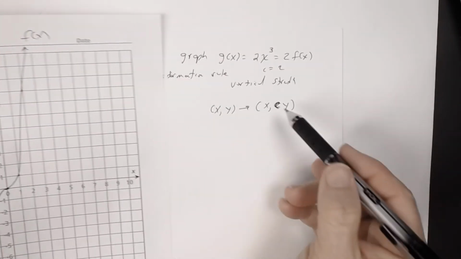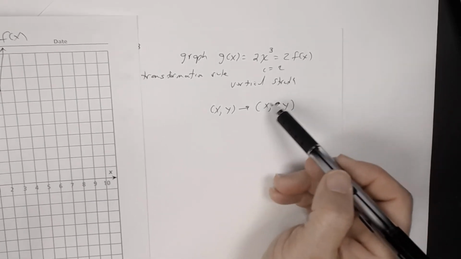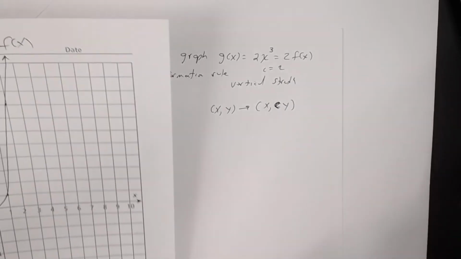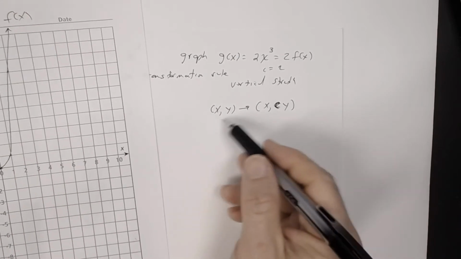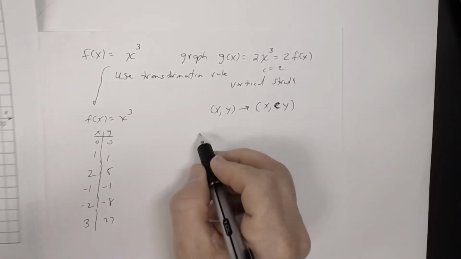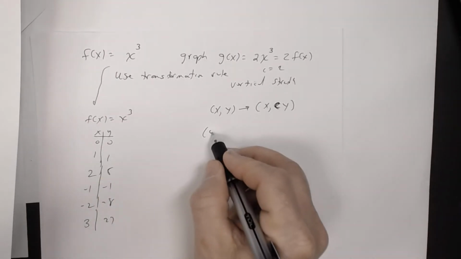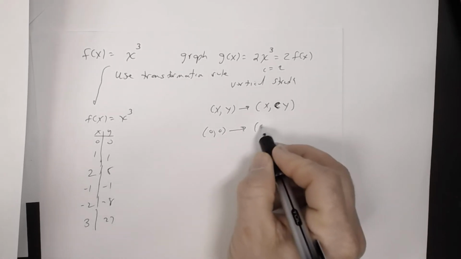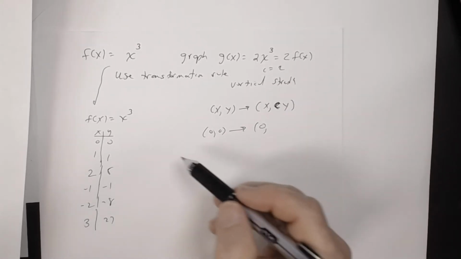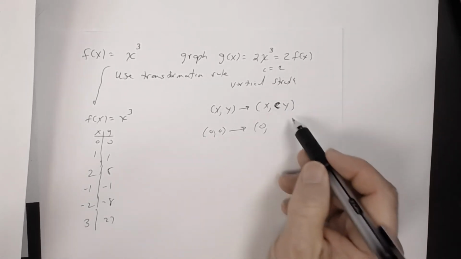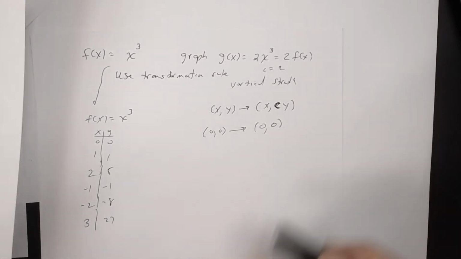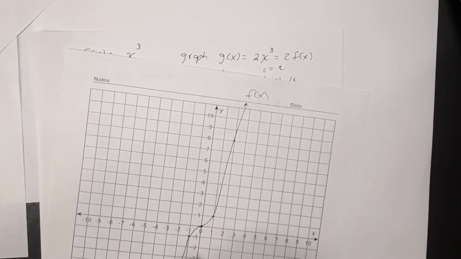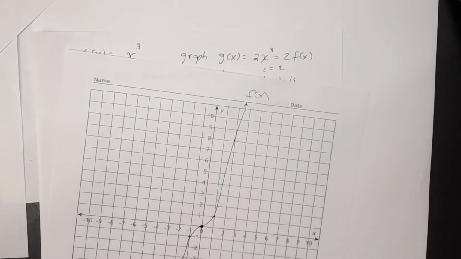All right, so this is f of x, and I want to graph 2 times f of x. I'm going to have to use these transformation rules. So the point 0, 0 becomes what point? So I take the y value, multiply by 2. Well, the y value is 0. 0 times 2 is still 0. So the point 0, 0 stays 0, 0.